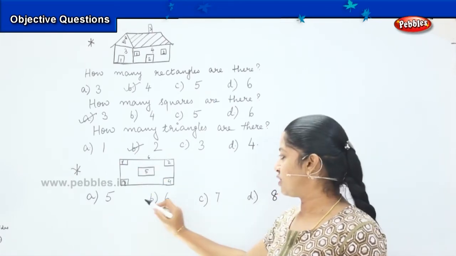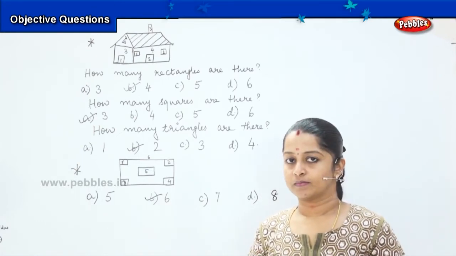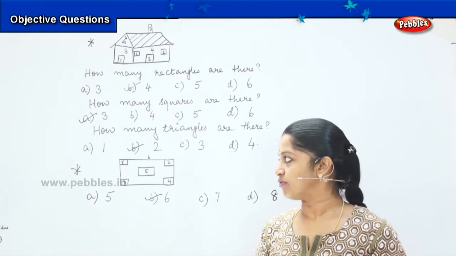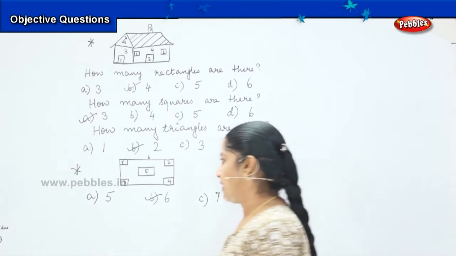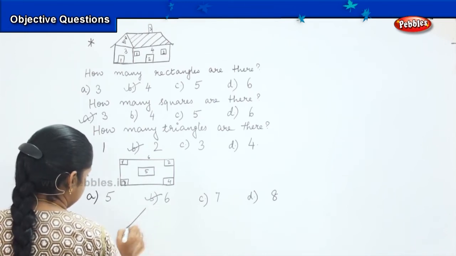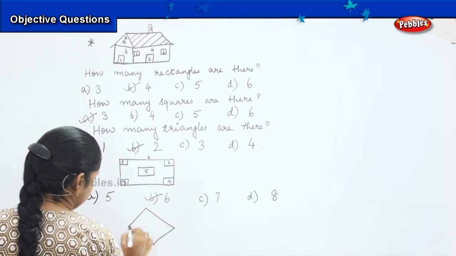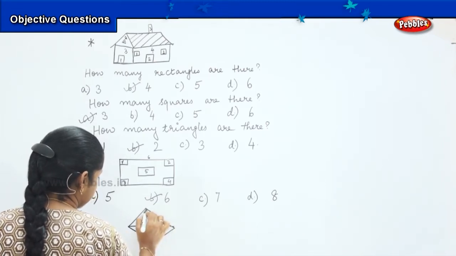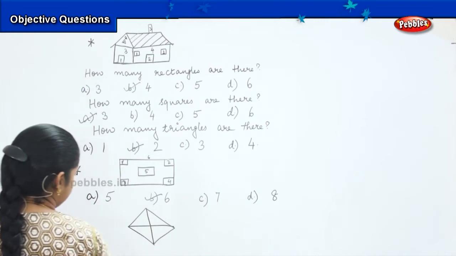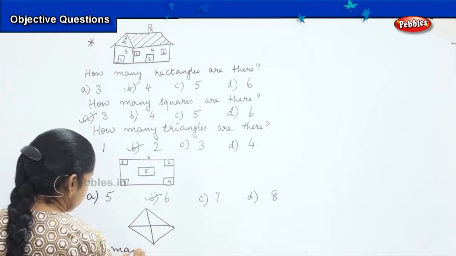My right option is option B, which is number 6. Clear? Shall we move to the next question? Okay. Here is my next question. Now, this is a triangle which I am drawing for you all. You need to tell me how many triangles are there.